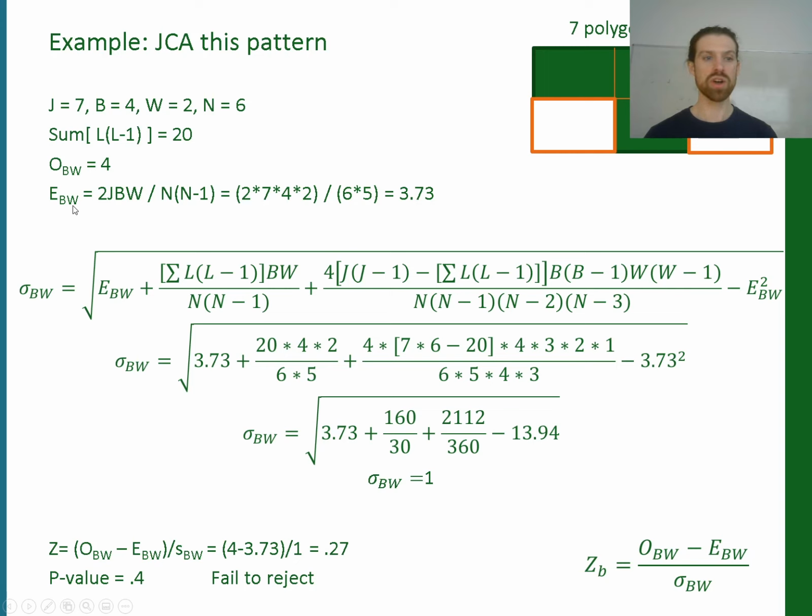And the expected number we need to actually calculate, so we need to go back through that equation. And when we do, so we've covered this already, so I'm not going to go through it again, we end up with 3.73 for the EBW factor here. So if we look down here at Z equals OBW minus EBW divided by the SBW, we've already got both of the numerator terms, so 4 minus 3.73.